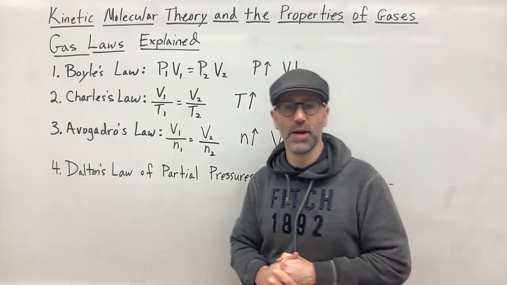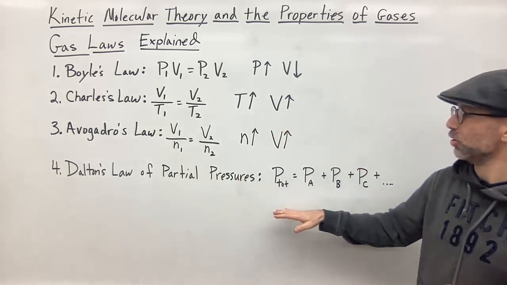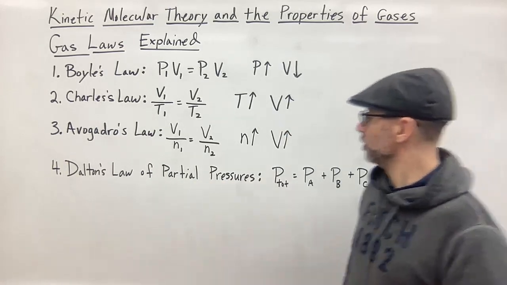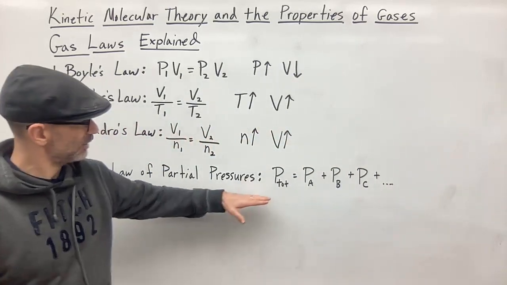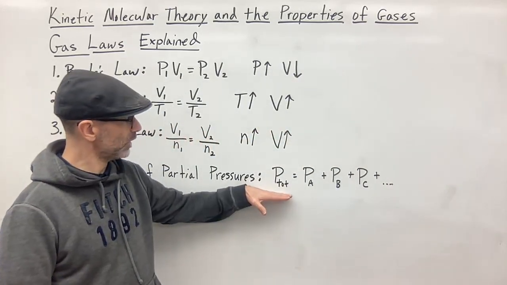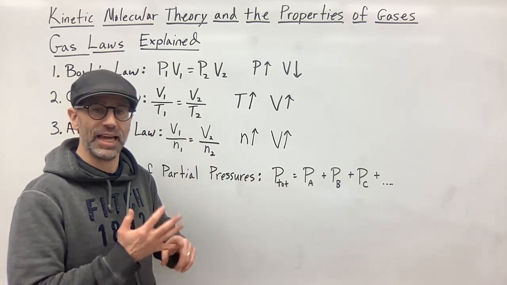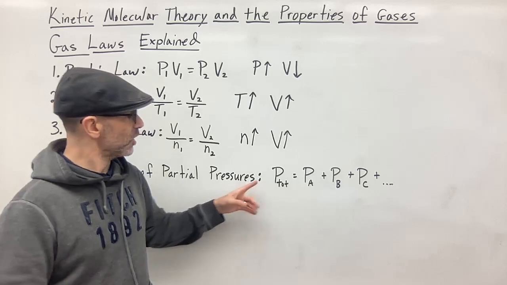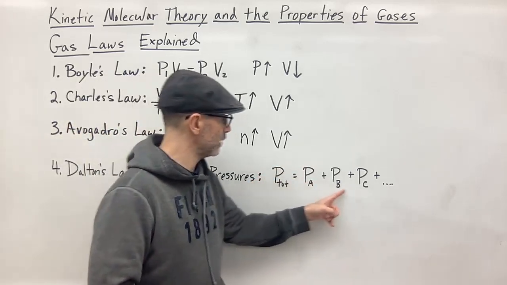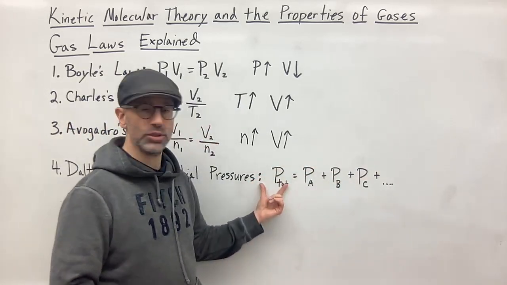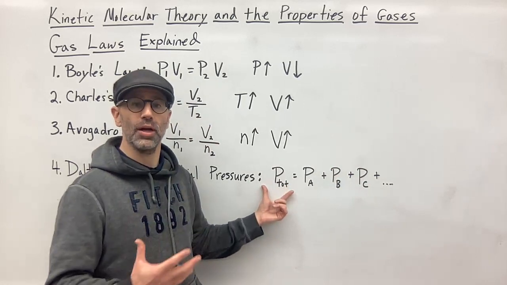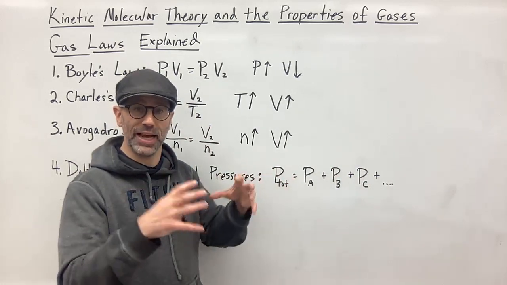Okay, and then finally, we have Dalton's law of partial pressures. What is Dalton's law of partial pressures? That says that the total pressure of gases, if you have a mixture of gases, let's say gas A, B, C, D, and so on, the pressure of the individual gases added up equals the total pressure of all the gases mixed together.